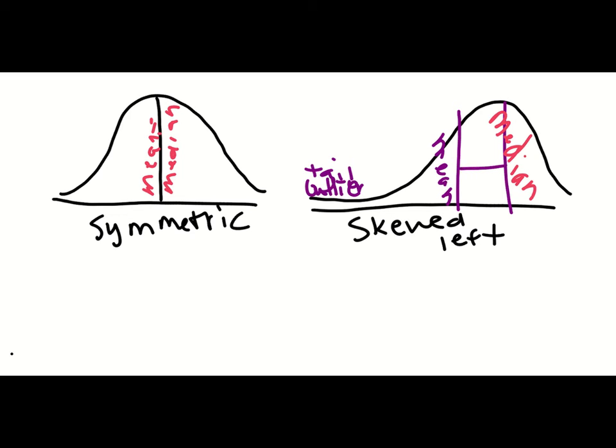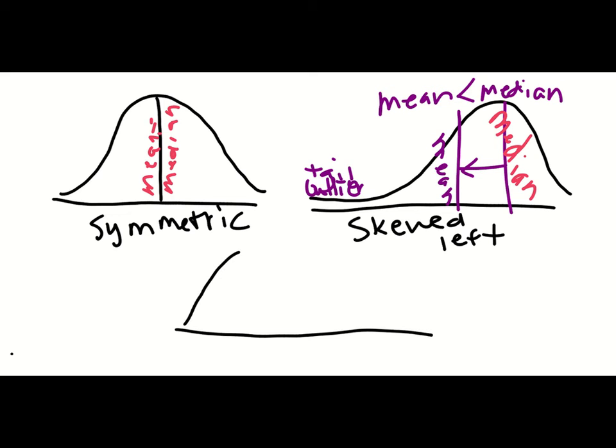So your mean is going to be pulled towards your outliers. So your mean is less than your median. That's the main thing to know. If you have a graph that is skewed right, that means your tail is down here, your outliers are down here. This is skewed right.